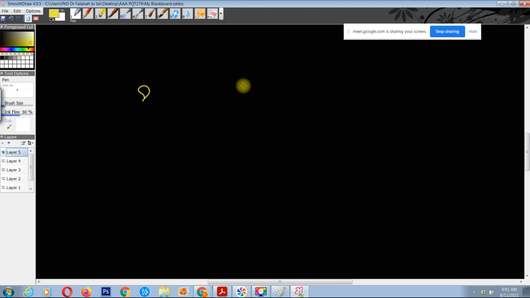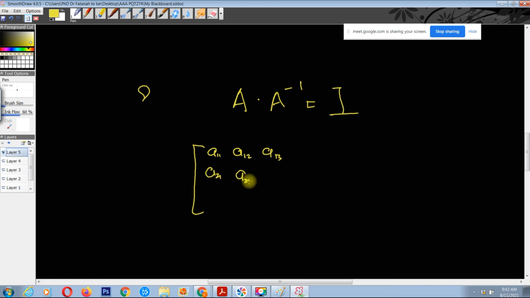So meaning for multiplication A times A inverse we will get I. So we have elements A11, A12, A13, A21, A22, A23, A31, A32, A33.